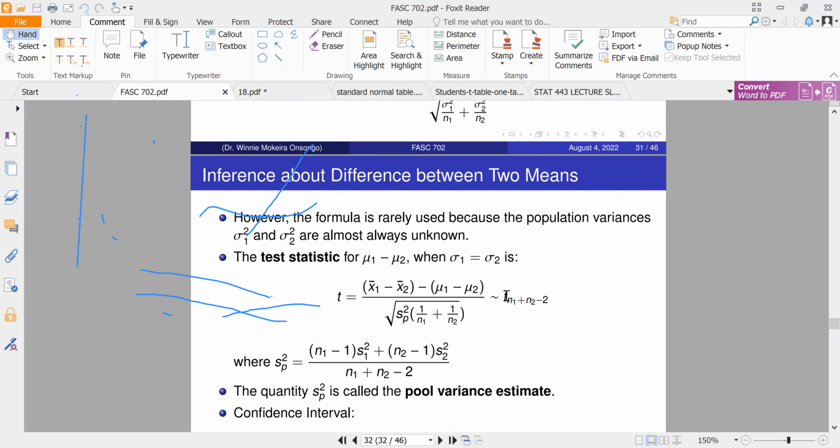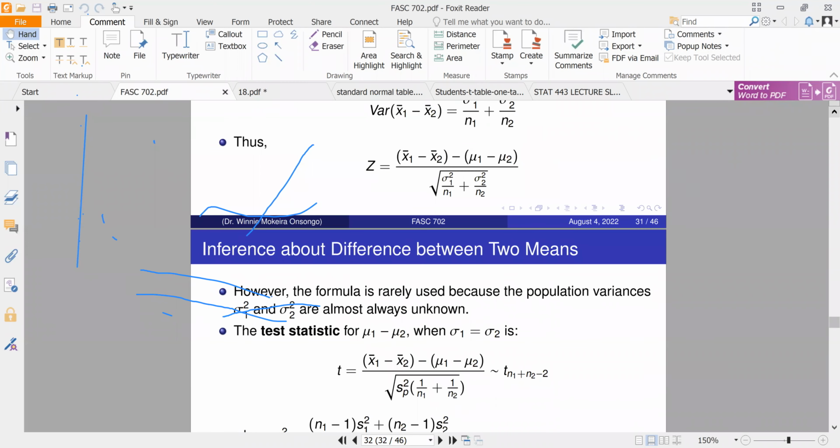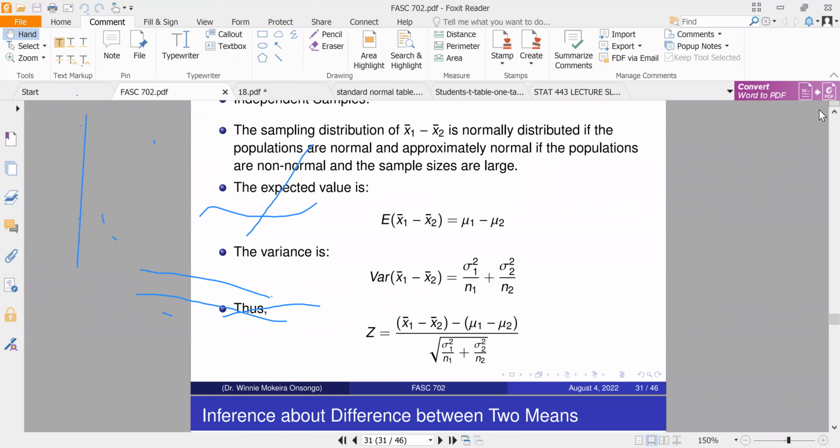So the methodology is the same as the case where we had one population parameter, but now we are interested in the difference between these two means, x bar 1 and x bar 2.